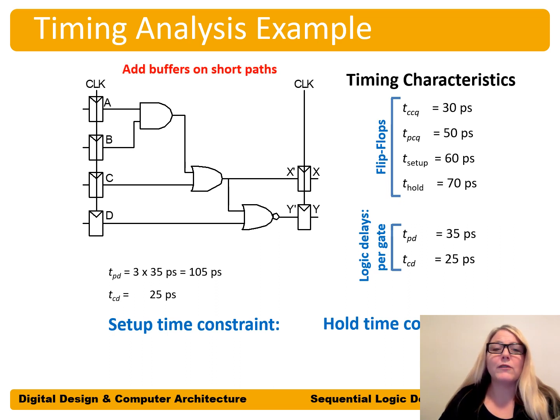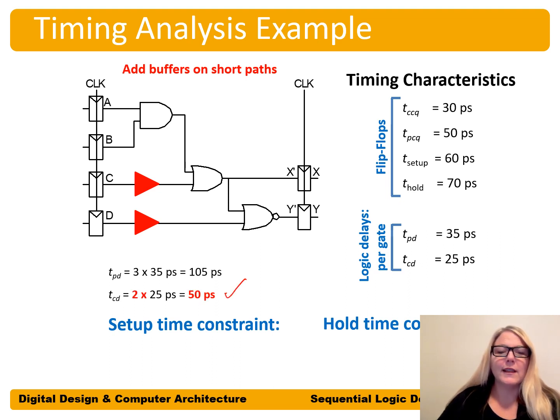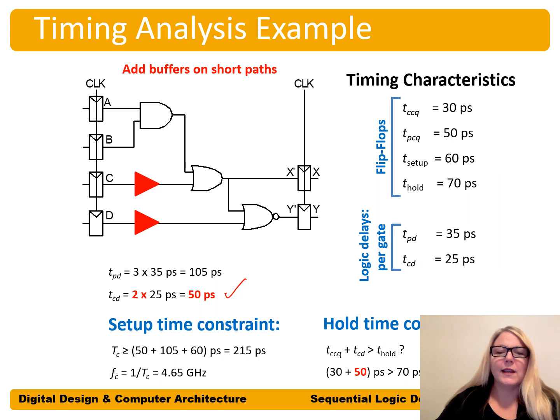So we add buffers on that short path, and ideally it doesn't change the delay of our long path, our critical path. In this case, it doesn't. Have to be careful there to recalculate that if you need to. But now that we have this longer delay, we have satisfied the hold time constraint and our circuit can run reliably.